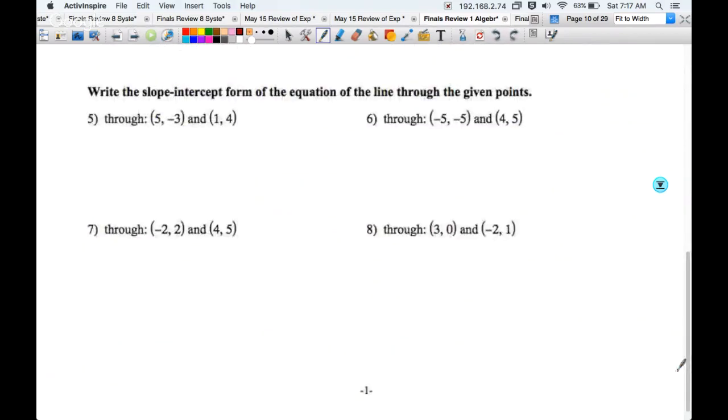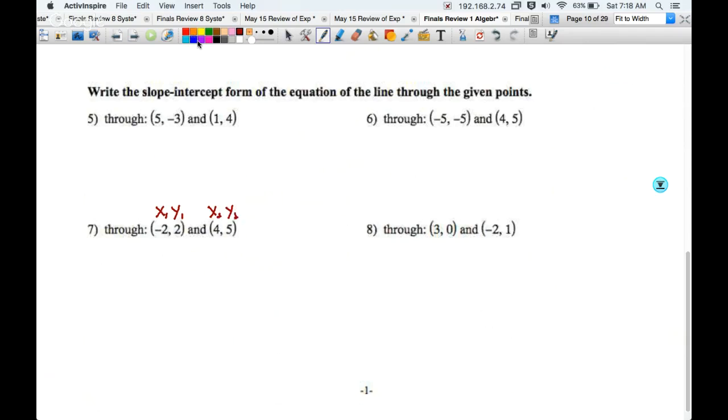All right, let's do one of these. We'll do number 7. Write the slope-intercept form of the equation of the line through the given points. I'm going to label this x1, y1, x2, y2.